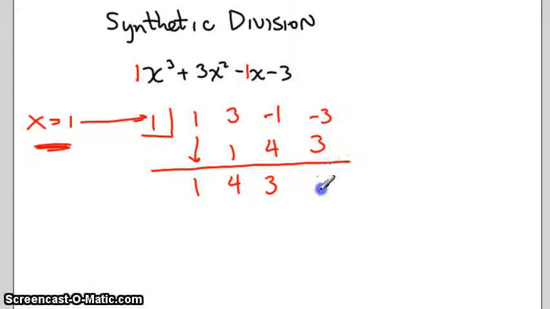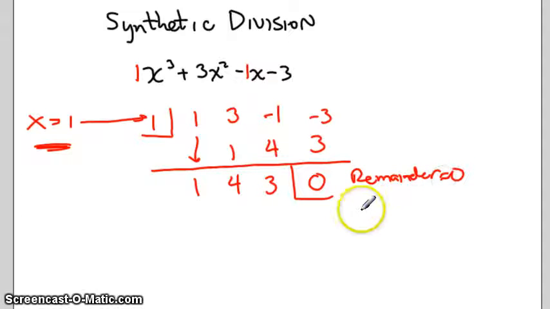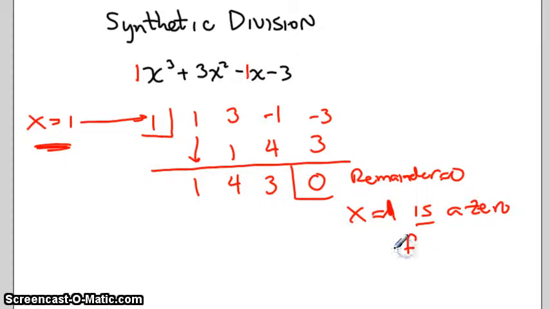Negative 3 plus 3 is 0. The remainder is 0, so x equals 1 is a 0 of the polynomial. Yippee.